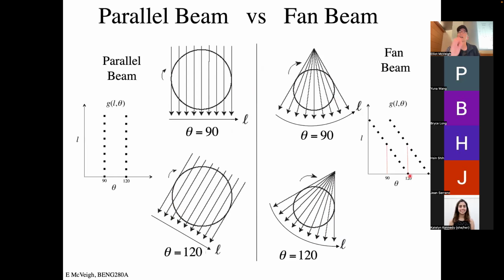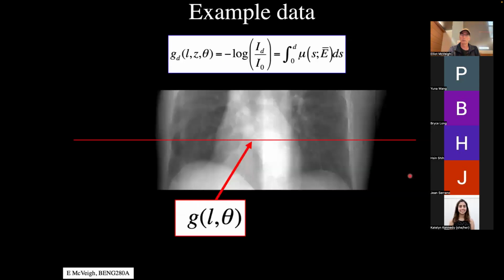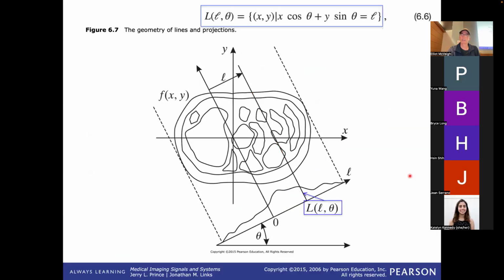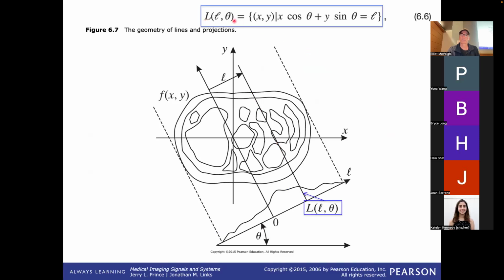Is that clear? Yeah. What's the relationship between G of L theta and capital L theta? Because in the previous slides, capital L theta seemed like the sum of the views, and G of L theta is the sum of those views at those points. Where was capital L theta? It's way back here, right? This guy here? Yeah. What's the relationship between that and G of L theta?